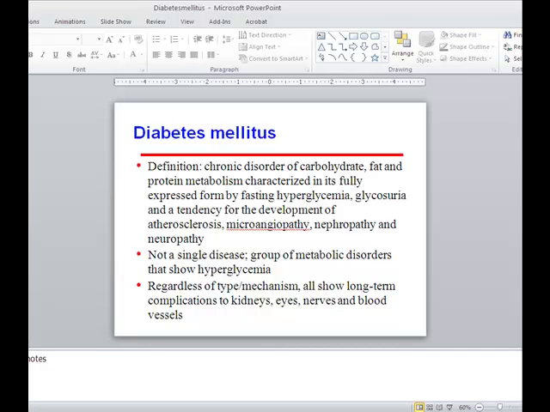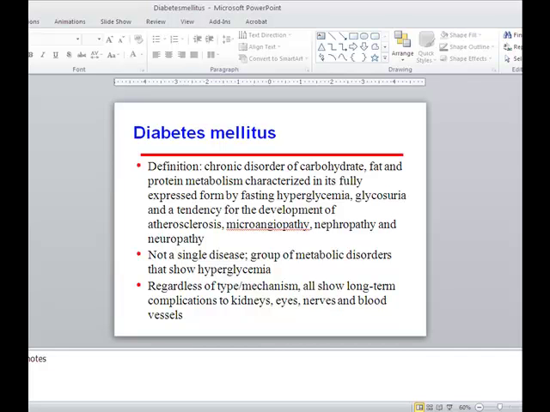Okay. So diabetes is by definition a chronic disorder of carbohydrate, fat, and protein metabolism. And in the complete form, it is characterized by elevated blood glucose following fasting, that is fasting hyperglycemia.